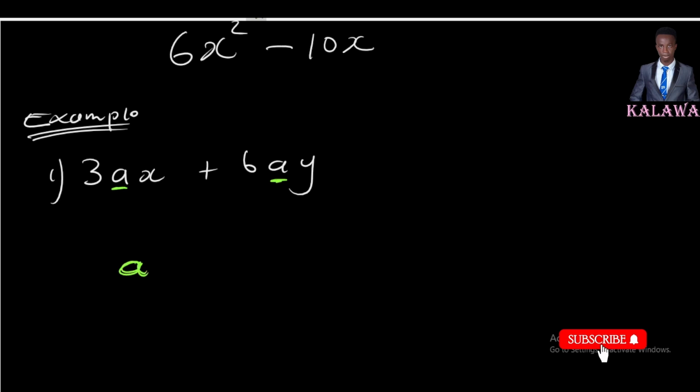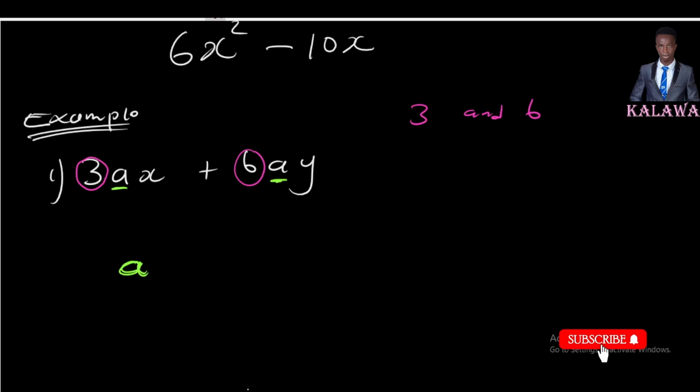This is when there's coefficient between the variables. So you ask yourself between the two coefficients. So let's just take the coefficients out. This is 3, this is the coefficient, and this is 6. These are the two coefficients. So if we take 3 and 6 out, which is the coefficient, you ask yourself, what number can you divide 3 by without any remainder, and that same number can be divided into 6 without any remainder?